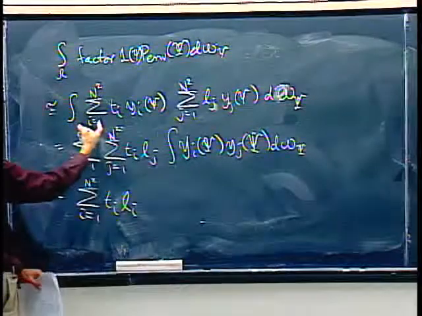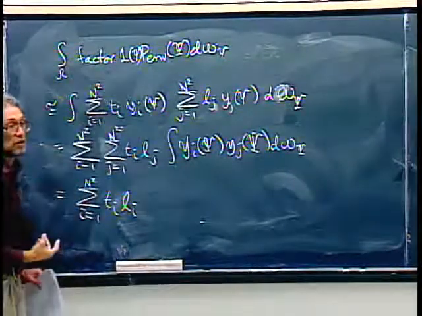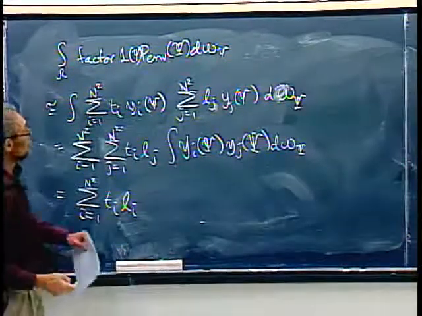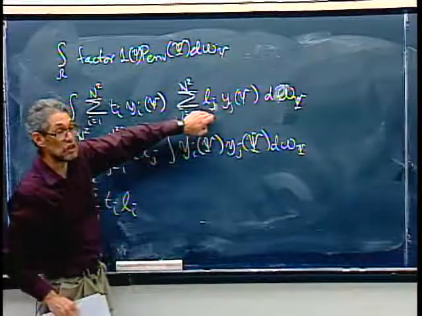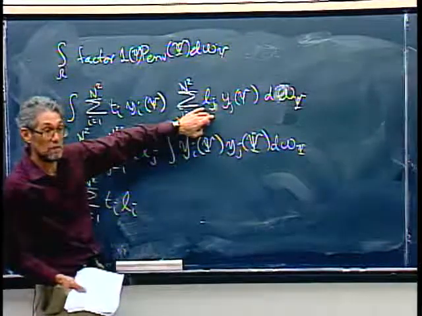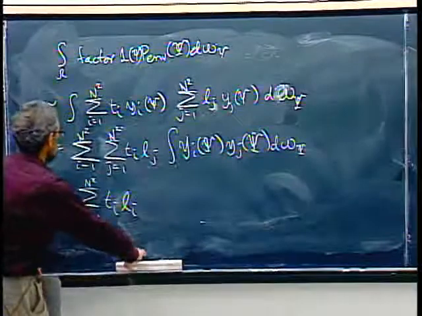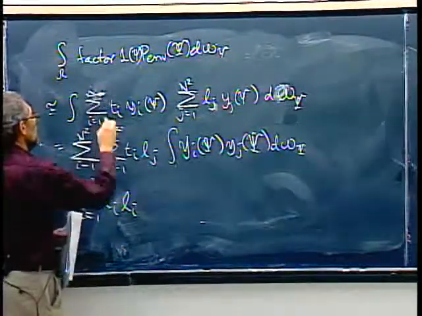This is an approximation to the extent that this many terms are a good representation of the slowly varying environmental illumination. Say it's band limited, so it has only these frequencies in it. Then I could make these terms go up to infinity.